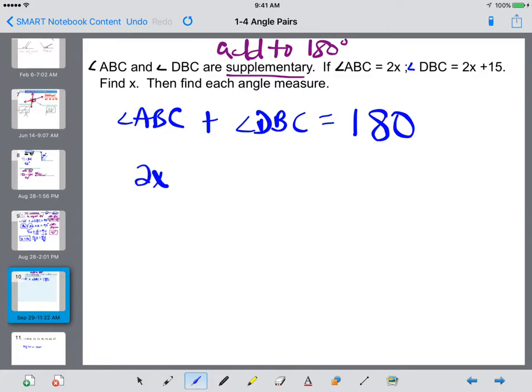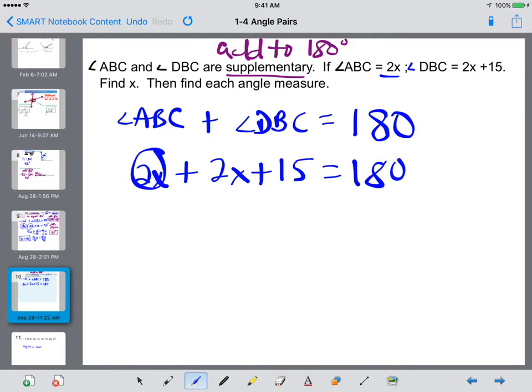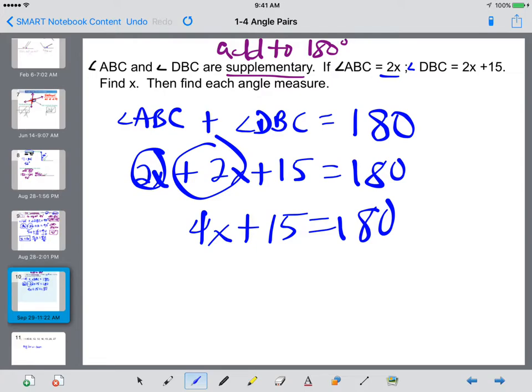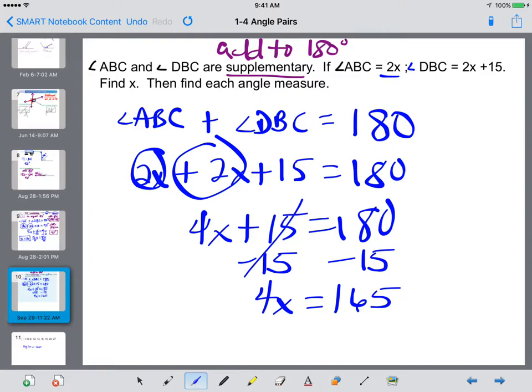So we have 2x, replace that with ABC, plus our 2x plus 15, set it equal to 180, and we go through and solve. Combine our like terms, we get 4x plus 15 equals 180. Subtract 15 on both sides. We have 4x equals 165.